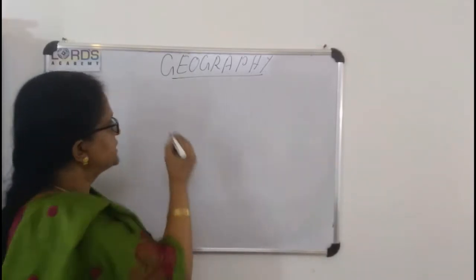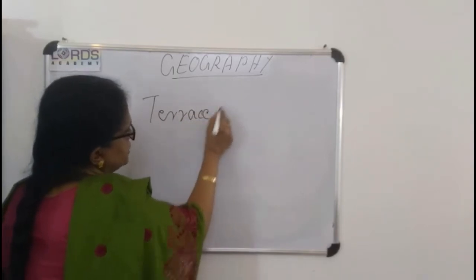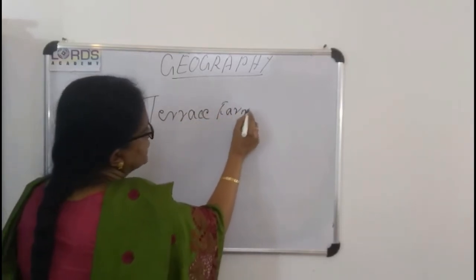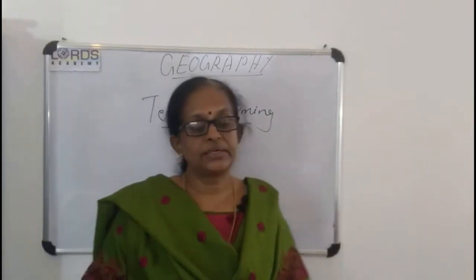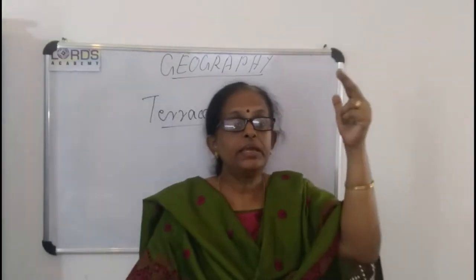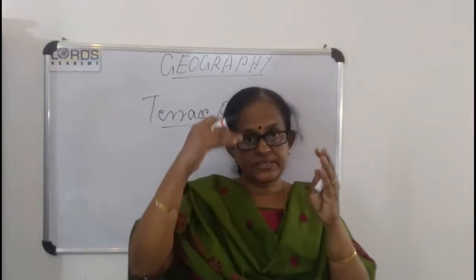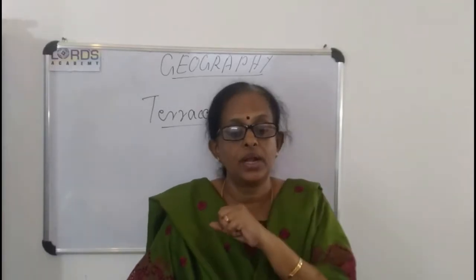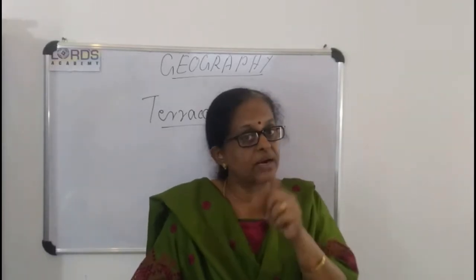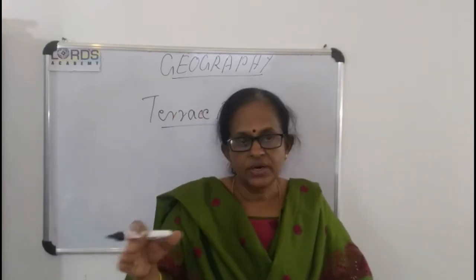Then the first one is terrace farming. You heard these words in lower classes, I think. What do you mean by terrace farming? Mainly in hilly slopes, terraced farming acts as a bund and prevents the soil from being washed away by running water. Because in these slope areas, running water is so fast.